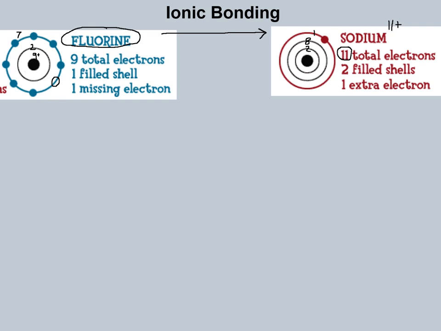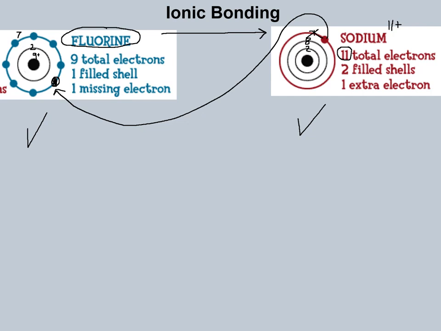So ionic bonding is when electrons can be passed over. So what happens if this electron here were to fill that outer shell? This would be happy, and this would be happy, because they've just filled their outer shell. So by losing this one, it actually exposes this second shell as being full. 8 has been full.